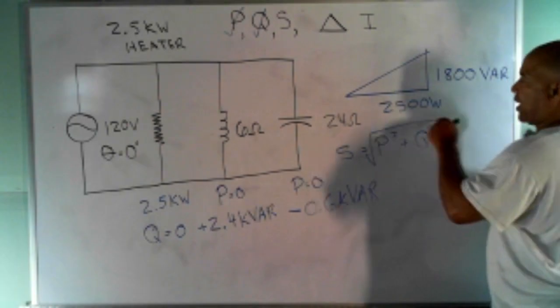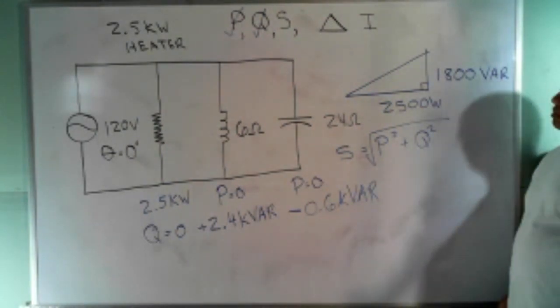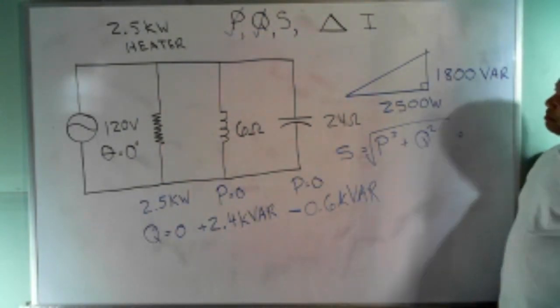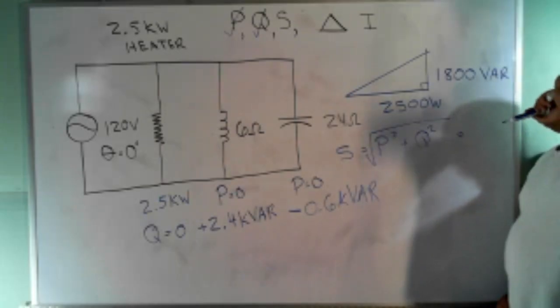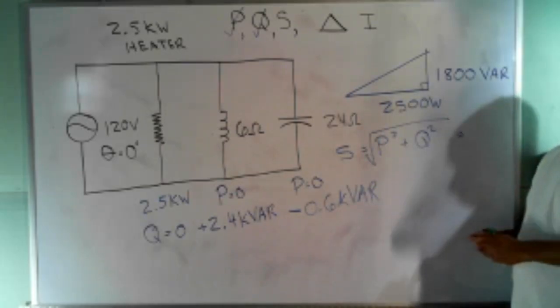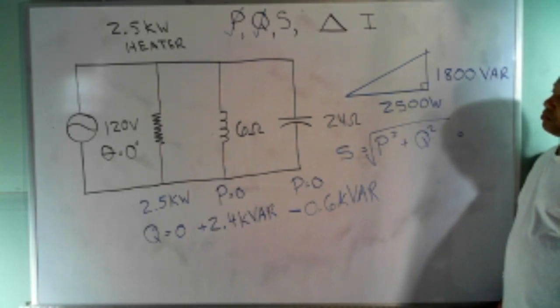And then, of course, you can find the apparent power by doing this. So let me know what you get for the hypotenuse here. About 3,080.6.